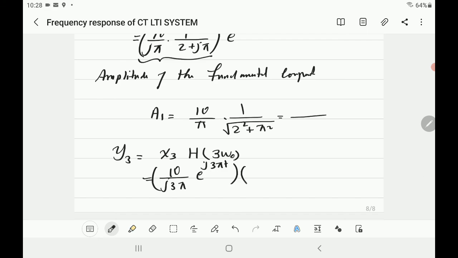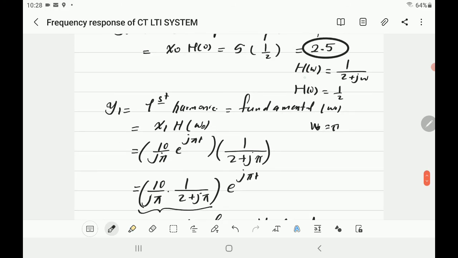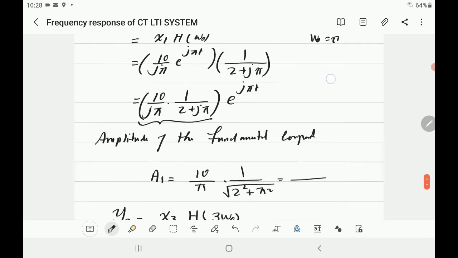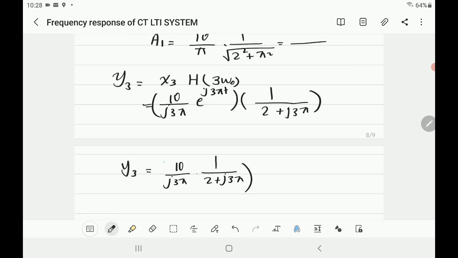That's all x3. For h of 3 omega naught, let me just show you, to remember. That's h omega. You replace omega by 3 omega naught, and omega naught is equal pi, so 3 pi: 1 over 2 plus j 3 pi. So y3, the third harmonic, equals 10 over j 3 pi times 1 over 2 plus j 3 pi, and e to the j 3 pi t.